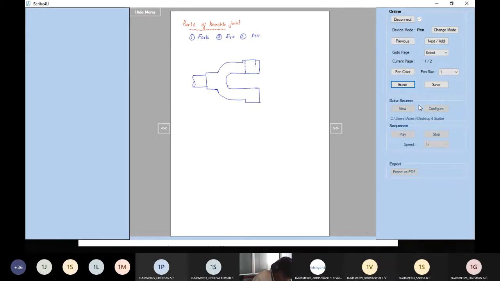If you cut it, you can see a hole here, so that I have a hole for connecting the remaining eye and pin. This is called the eye. Let me hatch it. Obviously, this is a cross section. If I hatch it, there is a cross section inside, and you can see the hole also here.